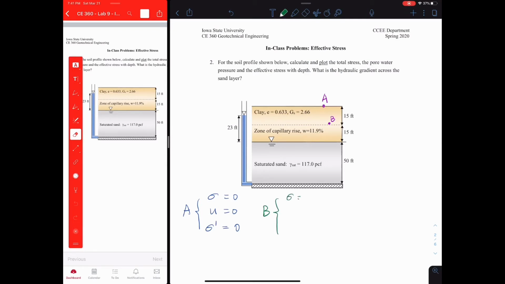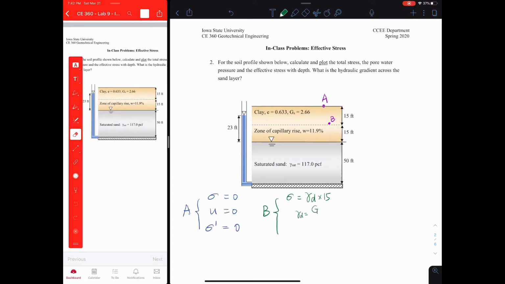The total stress of point B is very easy to calculate as the first layer is completely dry. So it should be gamma D multiplied by the depth of the first layer, which is 15 feet. However, gamma D is not given here, so we need to calculate it.